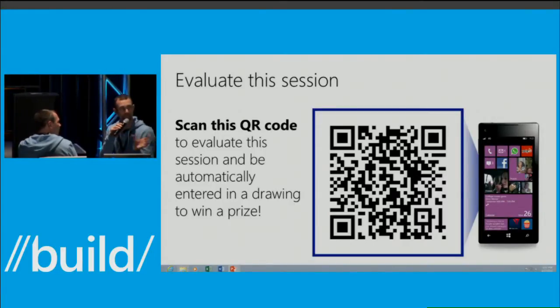So that's one distinction on speech recognition. In terms of text-to-speech, for 8.1 it's a WinRT-based API, which is different from .NET. But in terms of functionality, you'll see it's very comparable in terms of what you can do with the speech output.